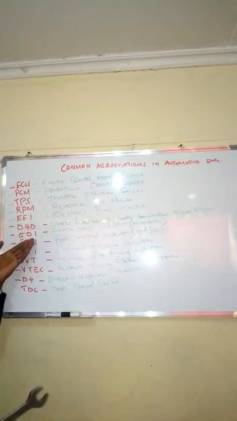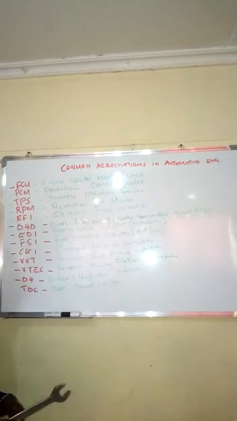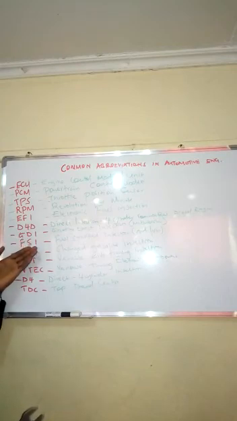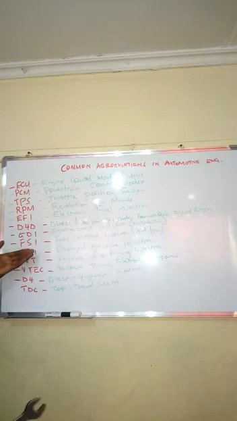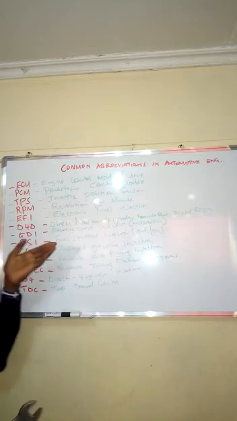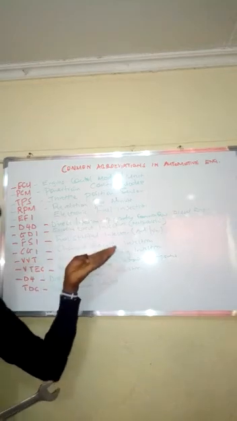GDI, the Mitsubishi guys use it. It's called gasoline direct injection. FSI, the Audi people use it. The Volkswagen guys use this abbreviation to mean fuel stratified injection. CGI is one and the same thing, but the Mercedes-Benz people use it. It's called charged gasoline injection.